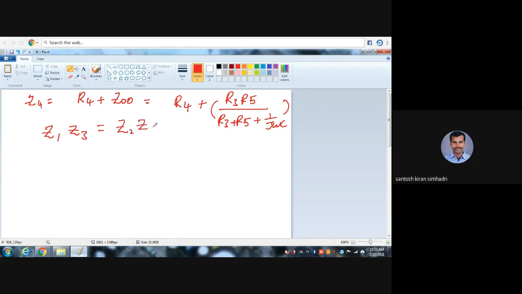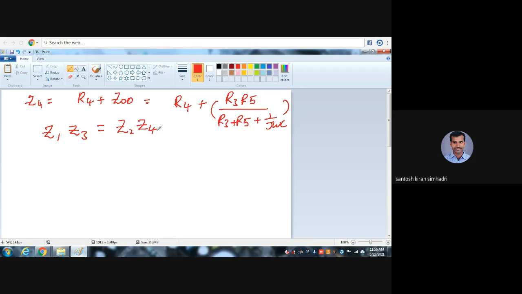Sometimes it varies, depending upon the bridge. So the balance equation changes according to the bridge. Whatever it is, we simply substitute those values, then we will get the final expression.